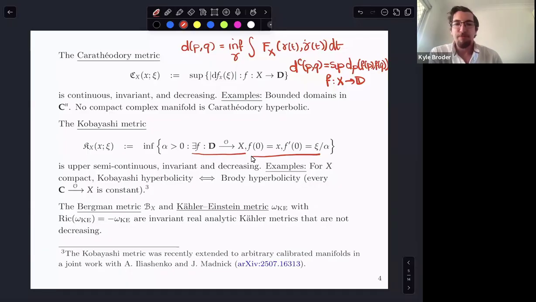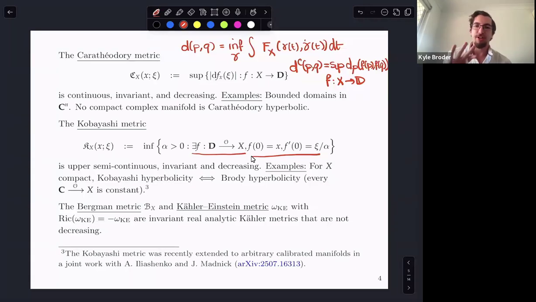This exists on compact manifolds satisfying a certain property, and it exists on a class of what are called pseudoconvex domains and so forth. But these are at the other end in the sense that they are not only Hermitian metrics, they are Kähler metrics, which are among the best possible Hermitian metrics one could have, and they're real analytic.